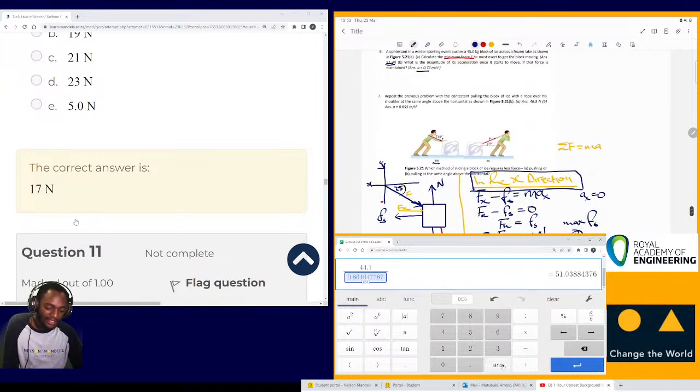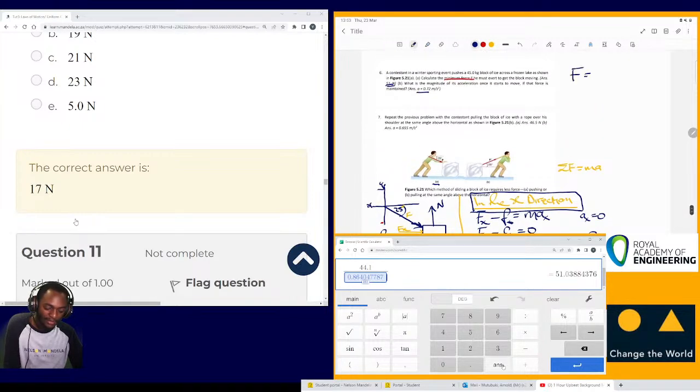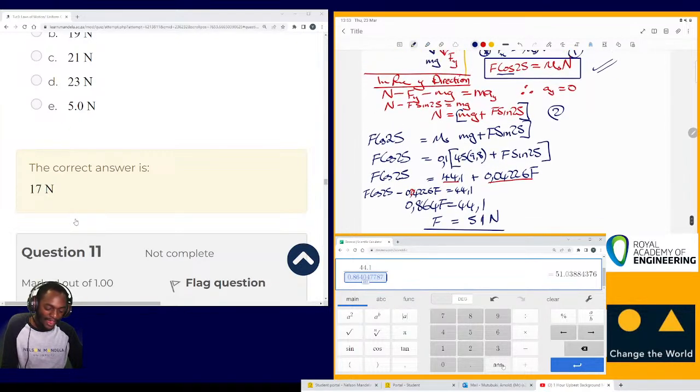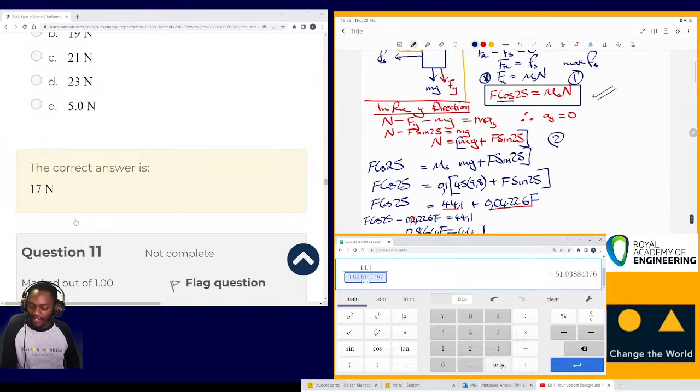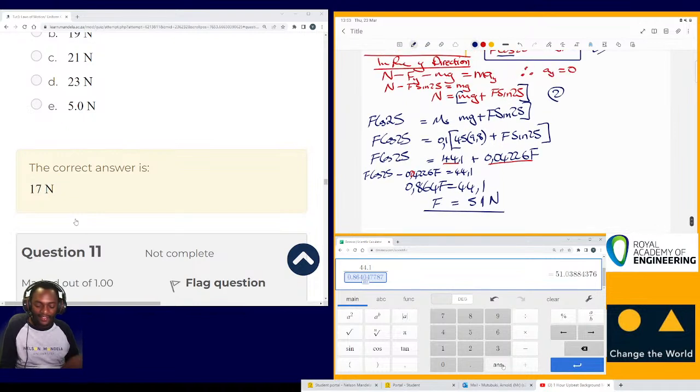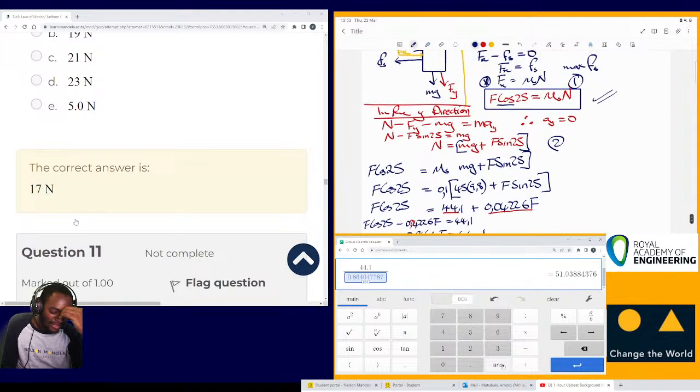Then acceleration is just F equals ma, right? Ah, no. How then do we find the acceleration? Yeah, because this thing is not moving up, right? It's not moving up, it's moving in the x-axis.